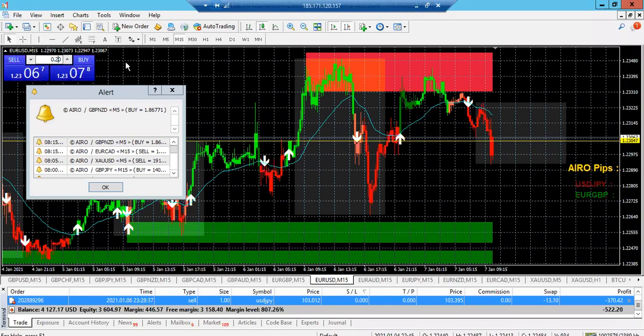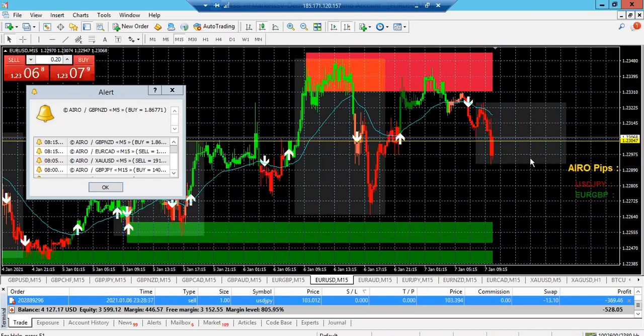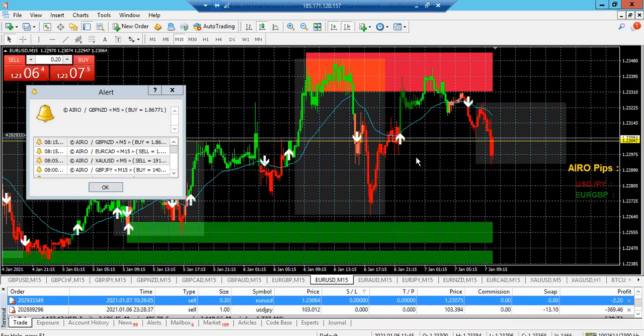So each pip is going to be $2. We'll place the sell and then we'll adjust it.